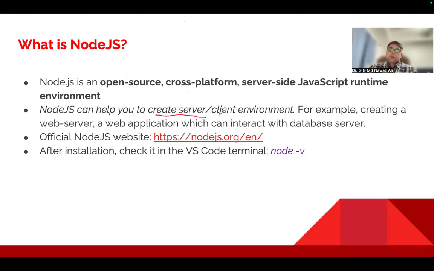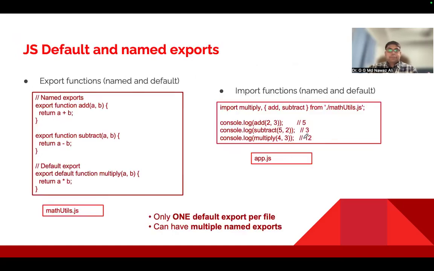We need to install Node.js. I hope that if you followed previous lectures, you have installed Node.js already. You can quickly check from the VS Code terminal: if you just write node -v, it shows which version of Node is installed.